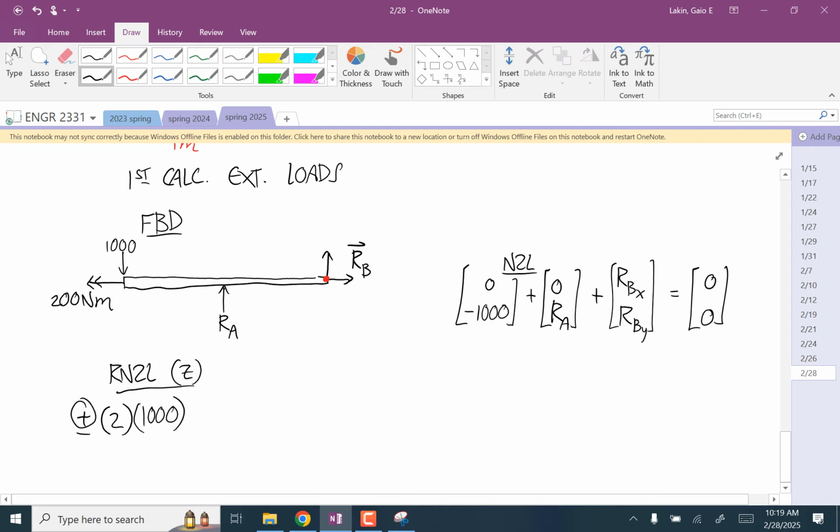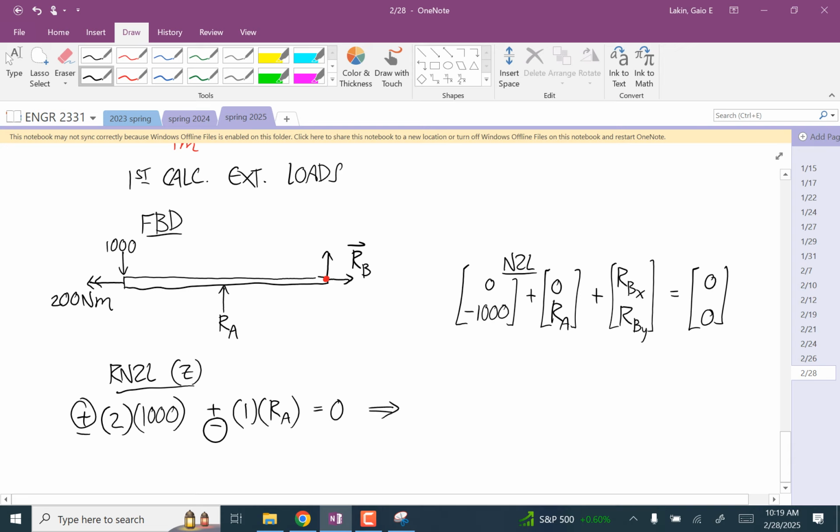Counter, so that's a positive. Then we have plus or minus a moment arm of 1, a force of RA. Would that RA make it rotate clockwise or counterclockwise? Clockwise, so that's negative. And then nothing from RB, so this is 0.